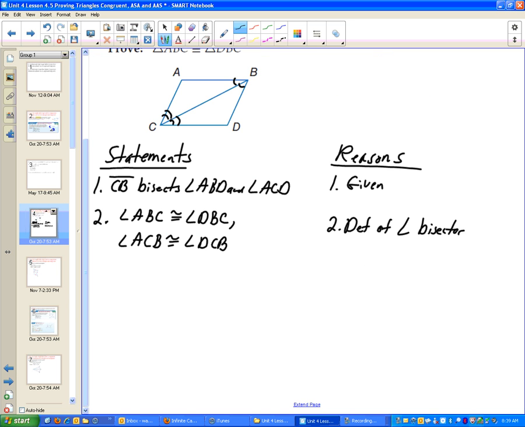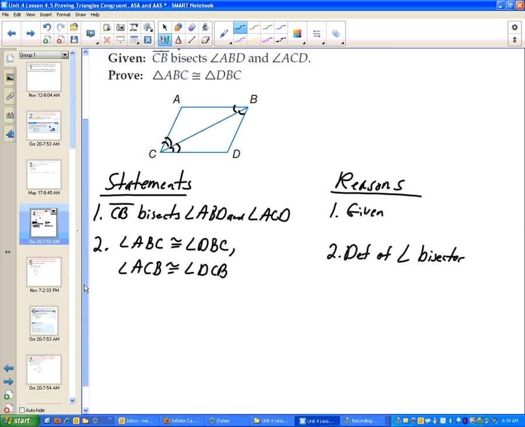Now, we know 2 things about segment BC. We know that it's congruent to itself because of the reflexive property, and we know that's useful because that sets up our angle side angle. So, we know it's congruent to itself because of the reflexive property. Put it in your proof. Segment BC is congruent to segment BC.